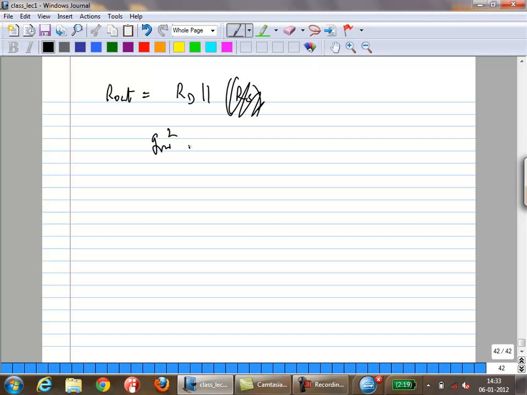Okay, I'm hearing a lot of interesting expressions here. Okay, anyways, let's calculate it out. It doesn't take a long time. We'll just spend a few minutes calculating it, okay? So, of course, all of these are wrong. I can tell you it's not directly RD parallel RS, it's not GM squared, okay? So, let's quickly calculate it, right?